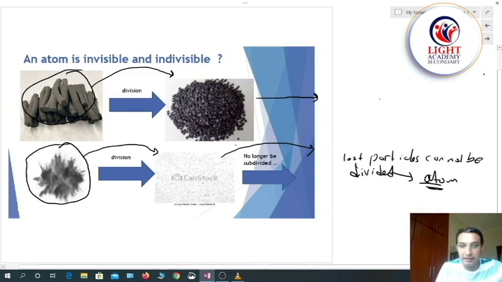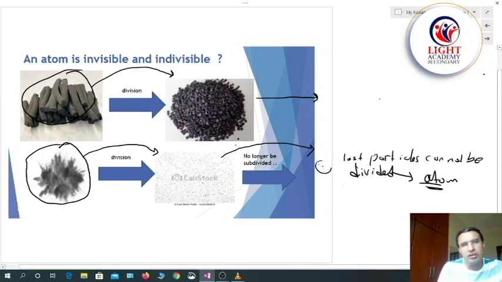That particle is called what? Atom. It means that an atom is the last fundamental particle of matter. It cannot be divided and it cannot be seen by our naked eyes because it is very small.